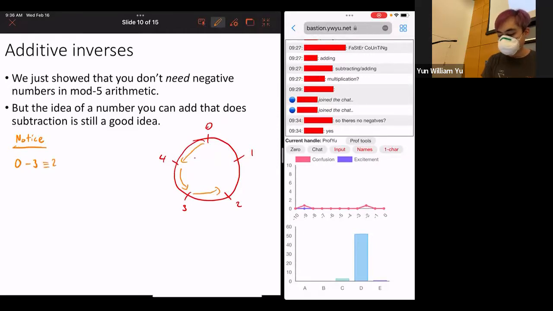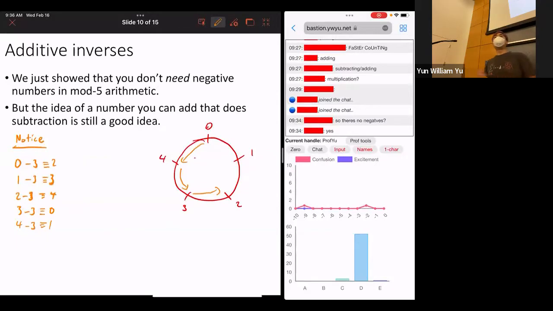I'm not going to bother writing the mod 5 for now, but just know that there ought to be a mod 5 there just to tell you what we're taking things mod. And let's see, what's 1 minus 3? Well, you start at one further along, you go back, and so that's equivalent to 3. 2 minus 3 is equivalent to 4. 3 minus 3, well, that one's easy, so that's equivalent to 0. And 4 minus 3 is equivalent to 1.